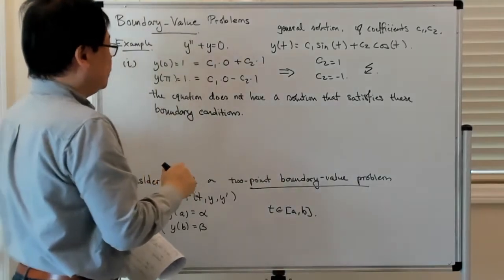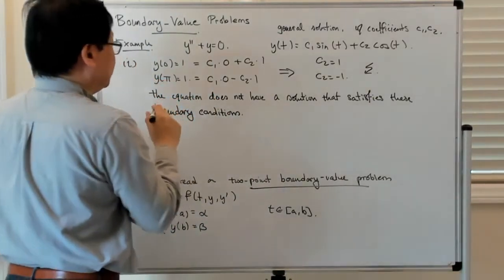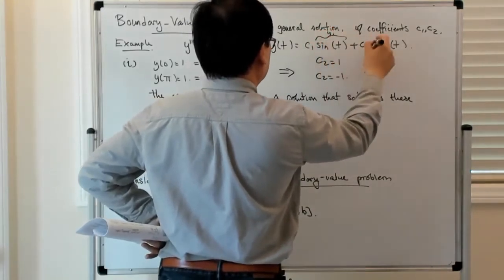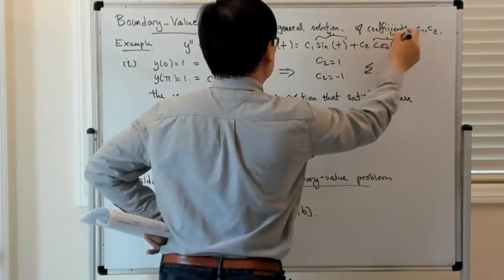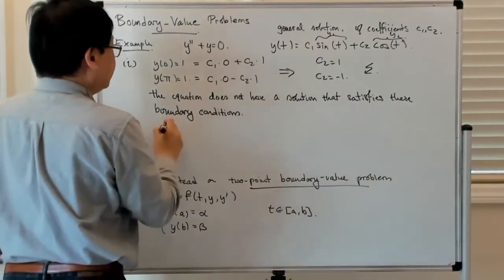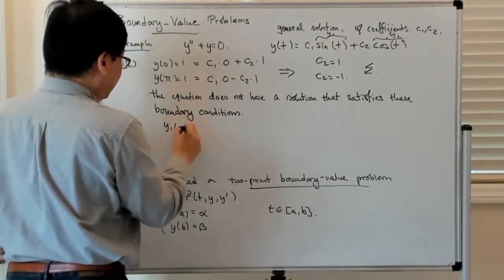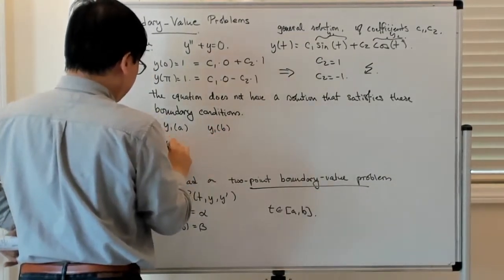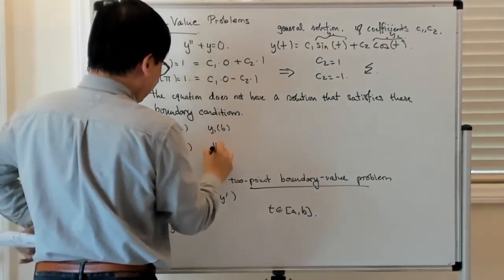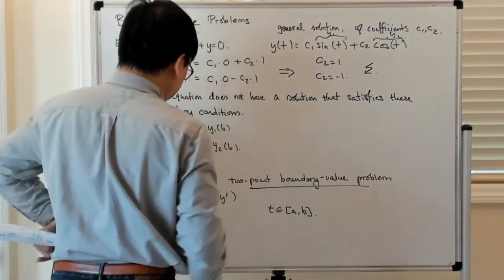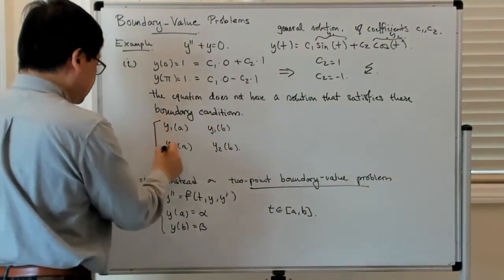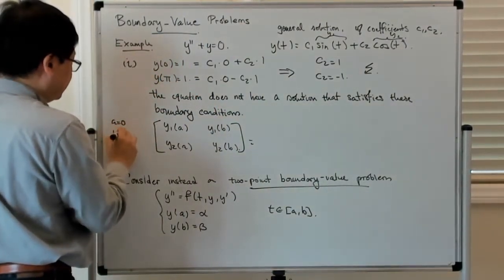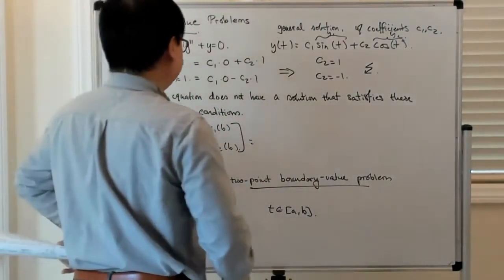So if I call this term y1 and this term y2, then I can look at this matrix consisting of y1 at a and y1 at b, and then y2 at a and y2 at b, where a is 0 here and b is equal to pi.